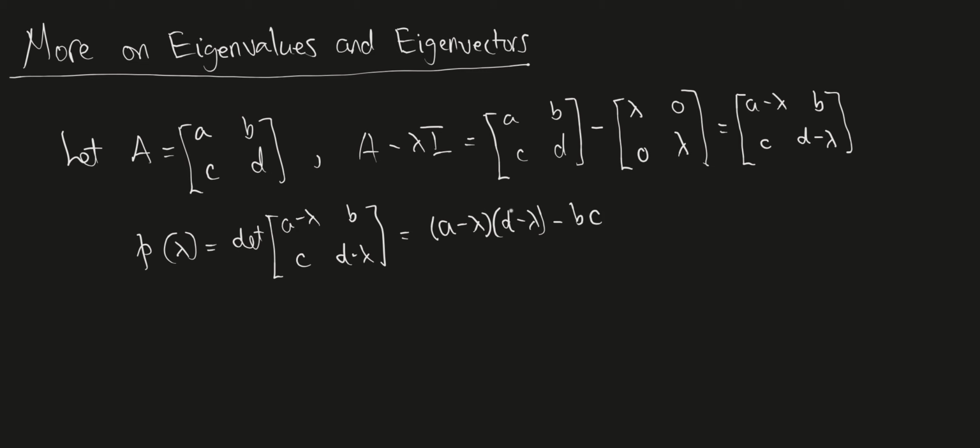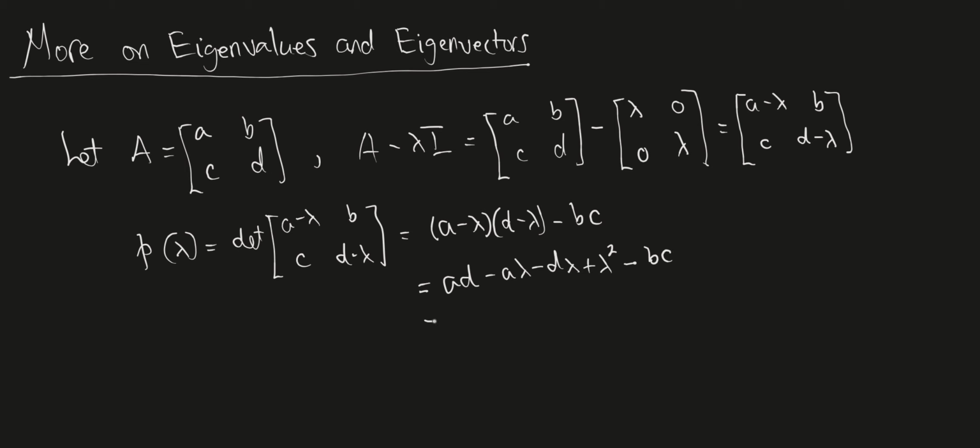This is not typically how we write a polynomial, but let's go ahead and distribute everything and write it in the standard form. So we're going to have AD there, and then minus A lambda, and then minus D lambda, and then plus lambda squared, and then minus BC. All right?